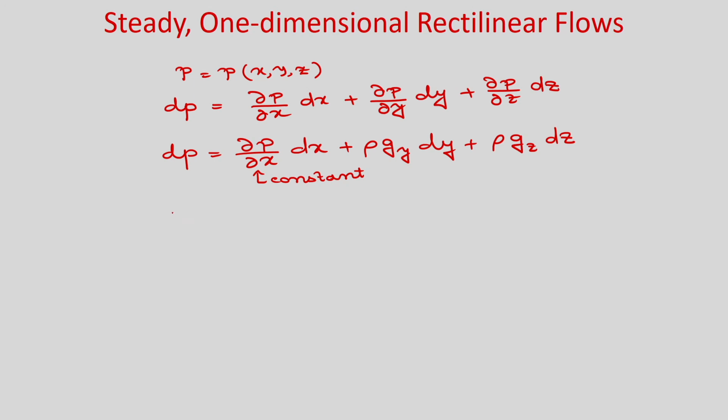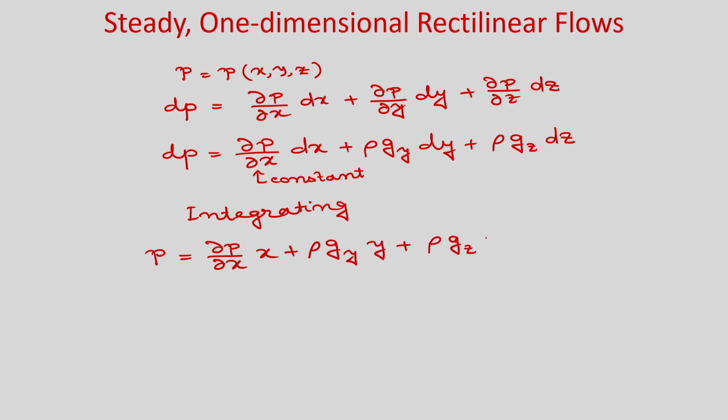So, obviously you can see now if you integrate it, keeping del p by del x constant, we can write p as del p by del x times x, plus rho g y times y, plus rho g z times z, plus c, where c is the integration constant.